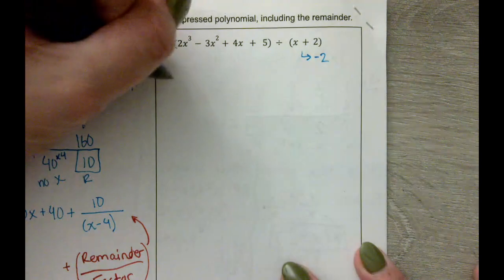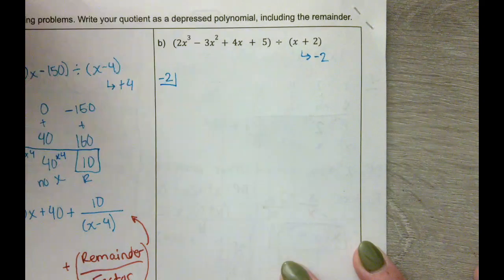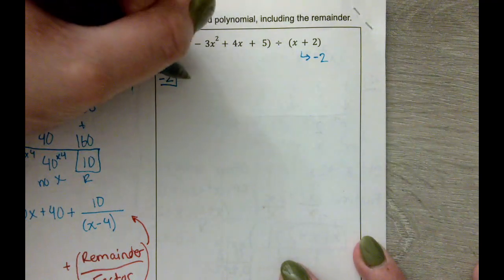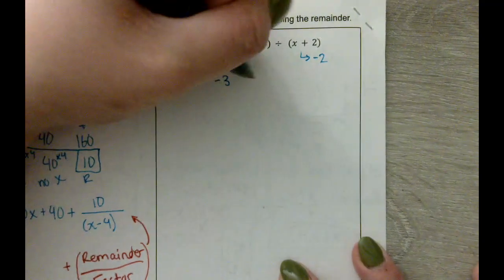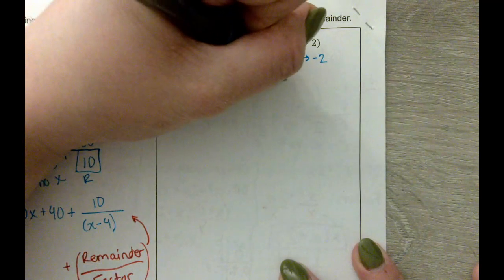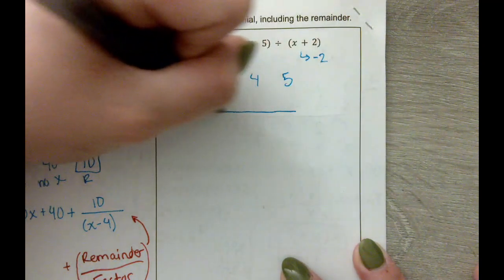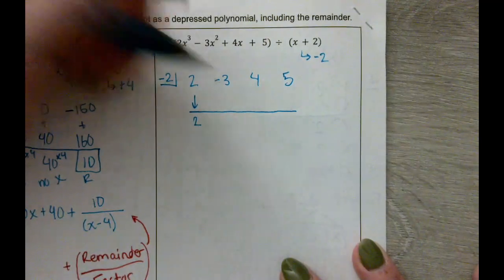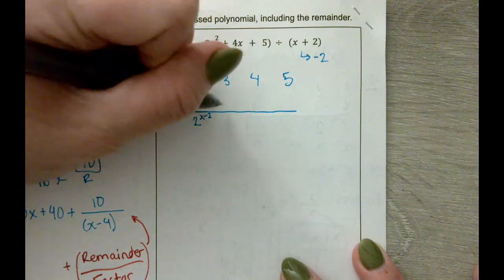Okay, jumping back in. Negative 2. And then we have 2, negative 3, 4, and 5. Bring down the 2. 2 times negative 2 is negative 4.